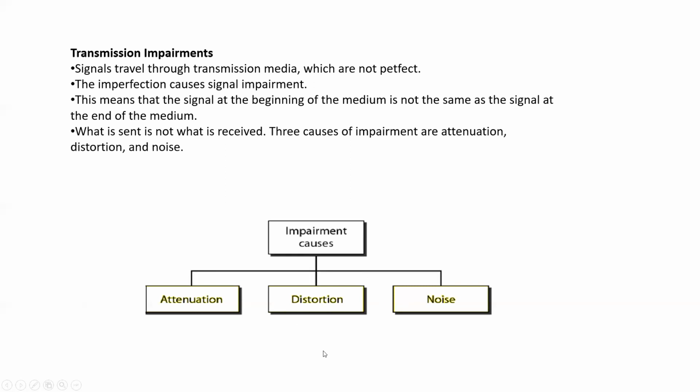Signals have different frequencies, and according to the frequency the speed may change. So delay distortion is caused by the fact that signals of varying frequency travel at different speeds along the medium.